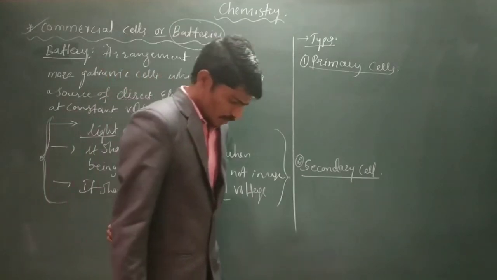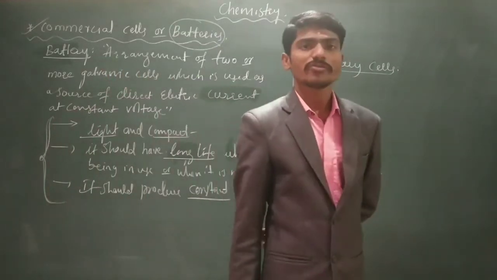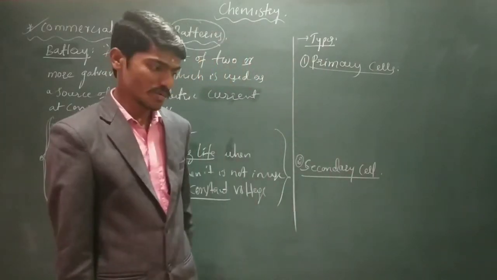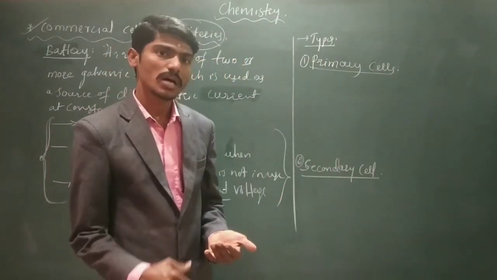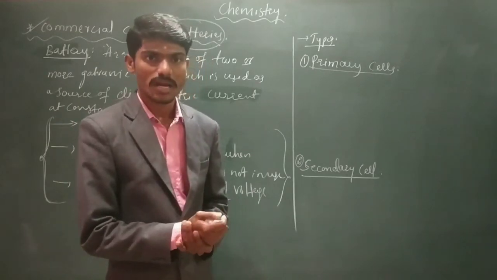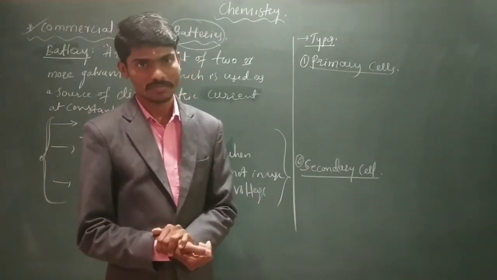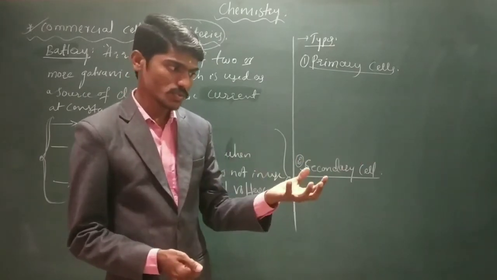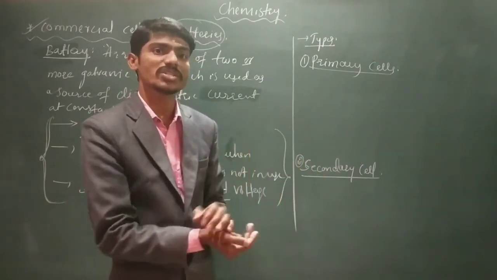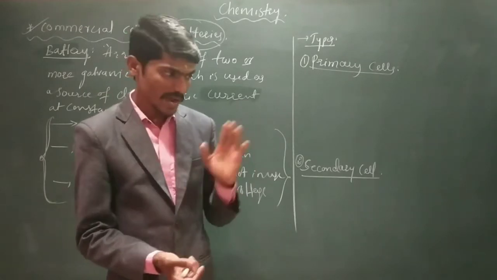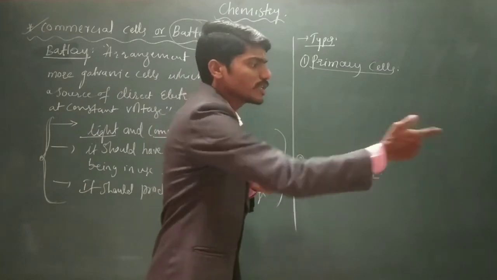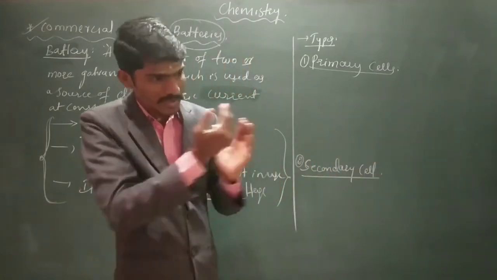देखिए, in our day-to-day life, we have used so many batteries. Among them, some are rechargeable batteries and some are not rechargeable. एक बार यूज किया तो फेंक देते हो. The batteries which cannot be recharged again are the cells in which the electrode reaction takes place only once, which cannot be reversed.